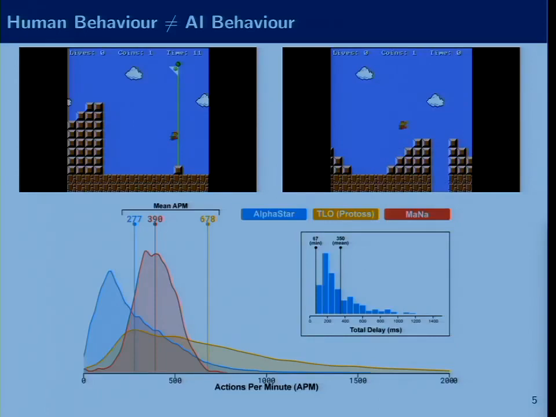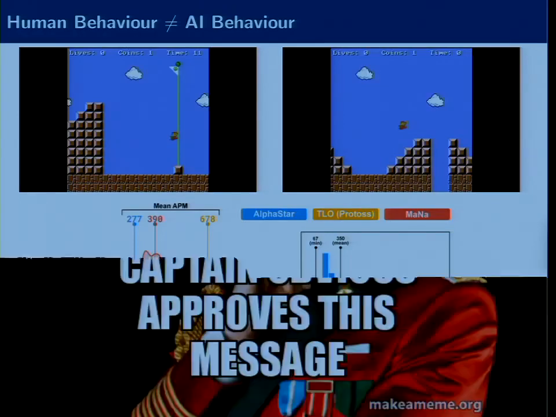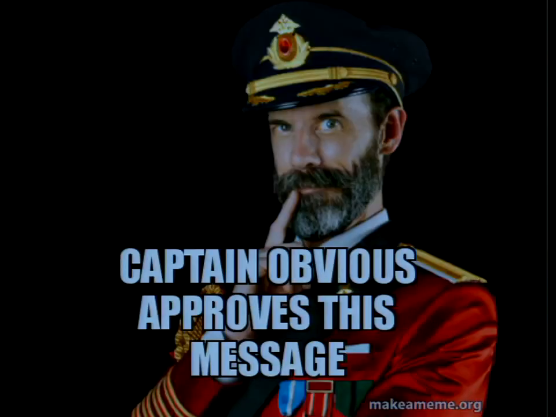Another example would be the DeepMind bot. There was a large discussion about the APM, so the actions per minute. They were actually restricted, but the way they are distributed is still very different from what human players, even pro players, play. So if I completely rely on the similarity of my AI simulations or the simulated human decisions, but they actually misalign with human behavior, I might run into a problem if I trust it.